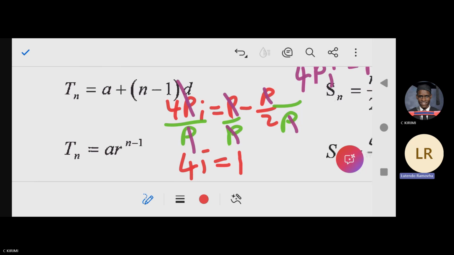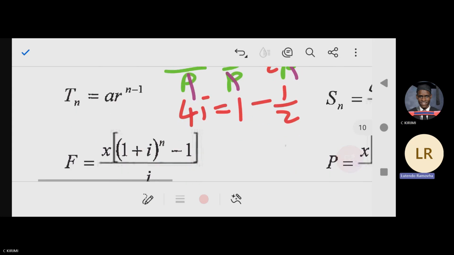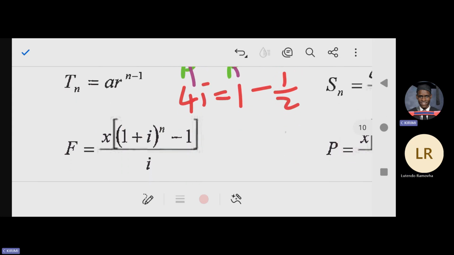Then minus the right side, which gives you 1 over 2. So on the left-hand side, you know that it's 4I, which is equal to 1 minus half. What is that? It's half.